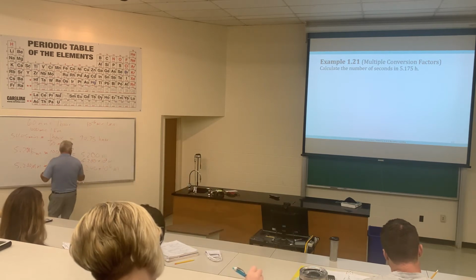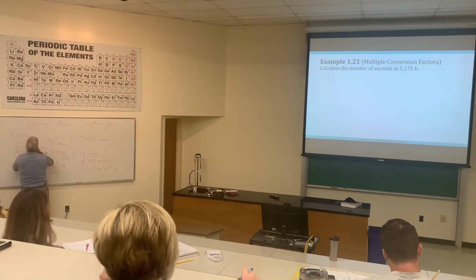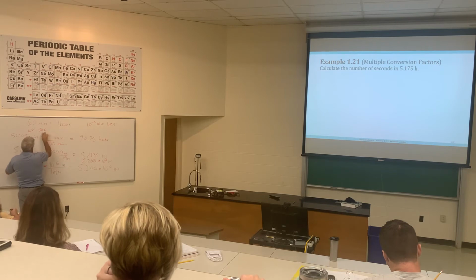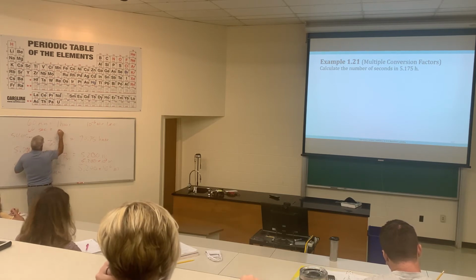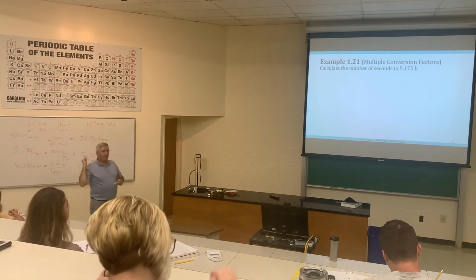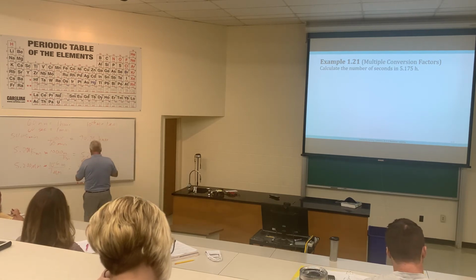That means we need another definition on the board. What definition are we looking for right now? 60 seconds. Can I use SEC? And to 1 min. Alright, so now I have all the definitions that I need on the board. So you guys can do that calculation. I'll let you do it.